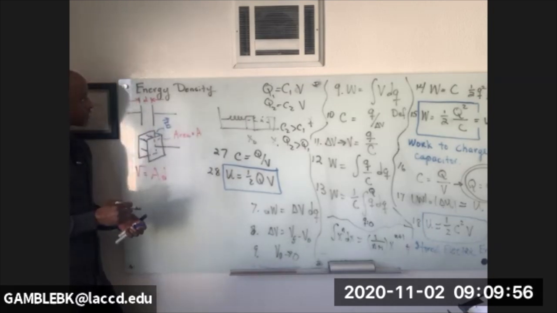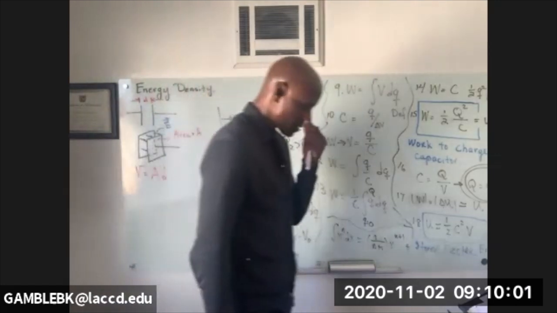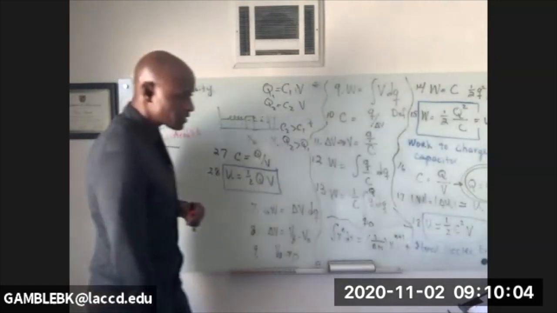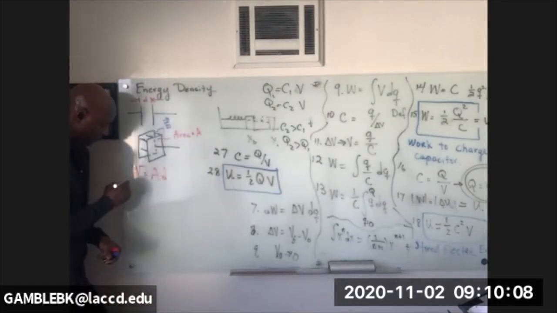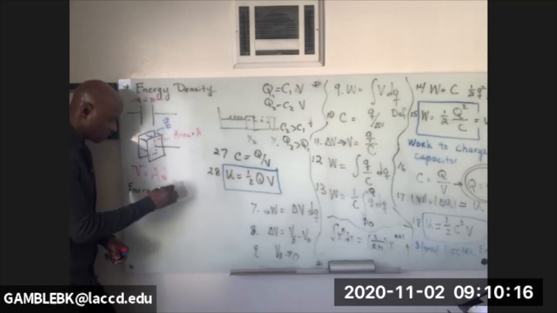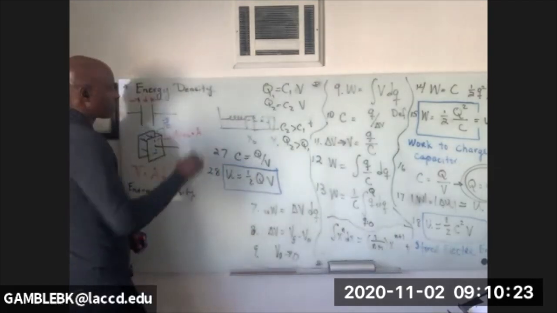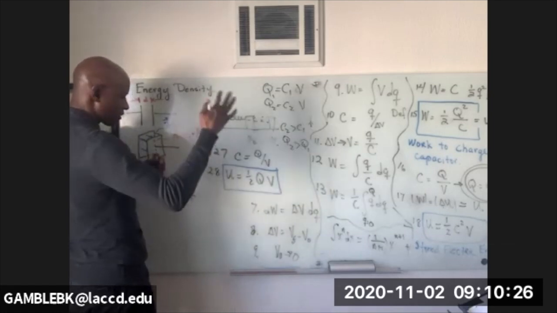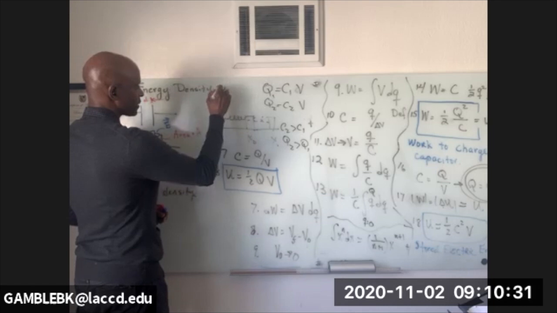So an energy density, and I'm going to use the symbol u for energy density now, is energy per unit volume, right? Just as mass density is mass per unit volume. The symbol we use is a little small u.